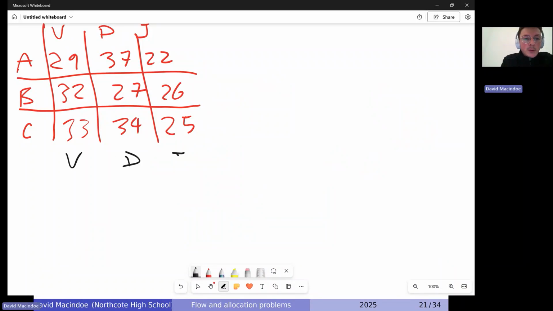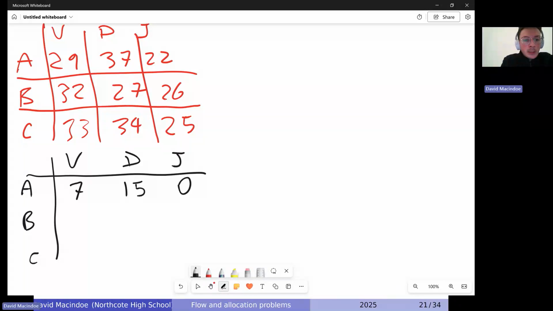The lowest value is 22, so that first bit of our table will be 7, and then 15, and 0. Our lowest one's 26, so that'll be 0, 1, 6. And then here, 25 is our lowest, so we've got 9 here and 8 here.